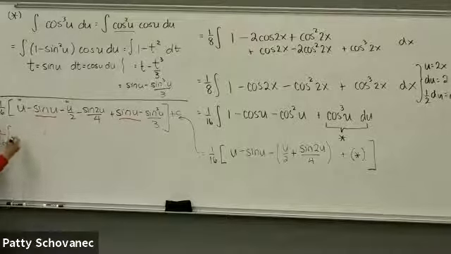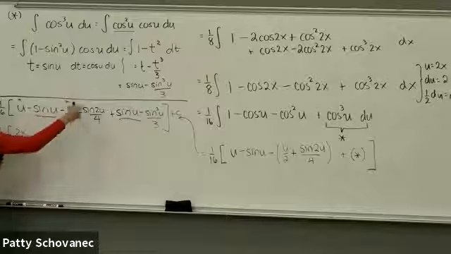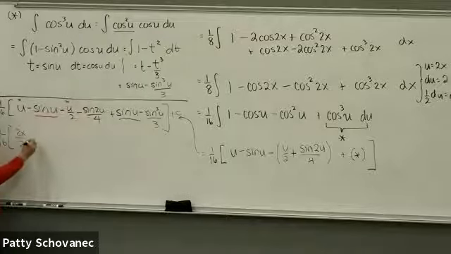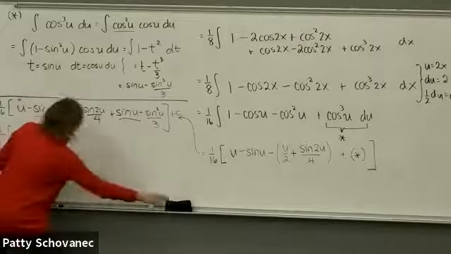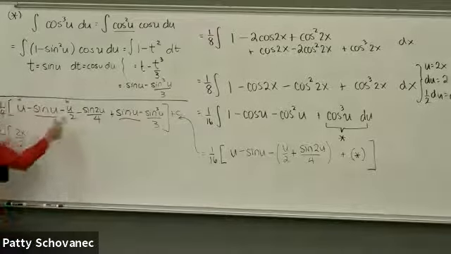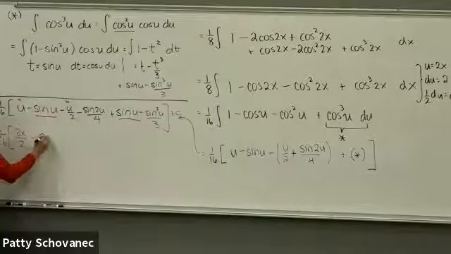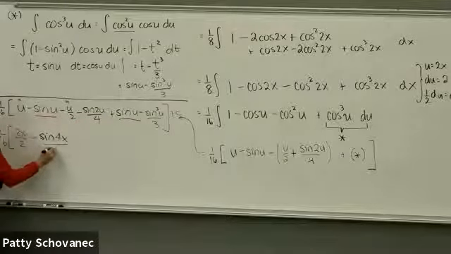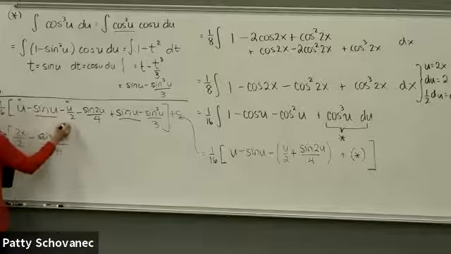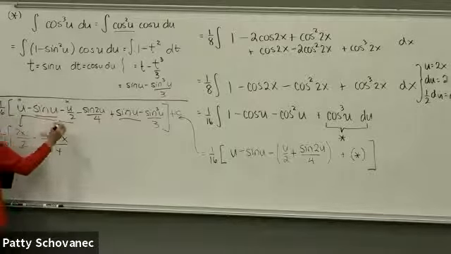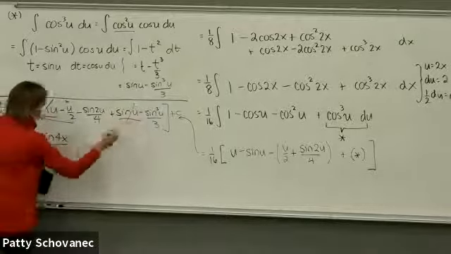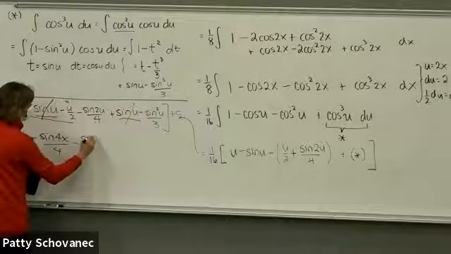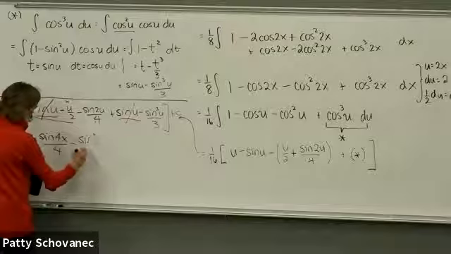U minus u/2 is u/2, so 2x/2. Gone, gone. Sine of 2x, minus sine of 4x/4. So that one took care of that one. That one and that one are gone. That one's here. Now minus sine cubed of 2x/3.